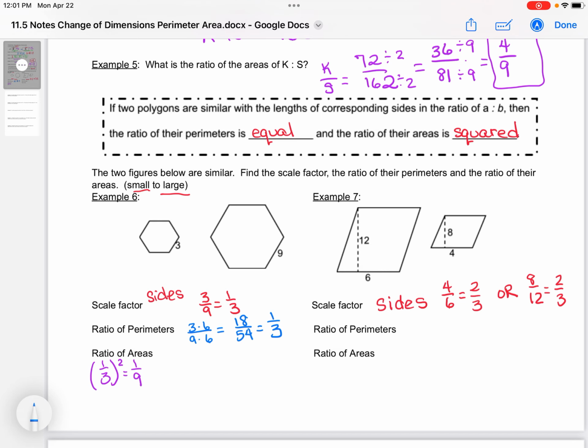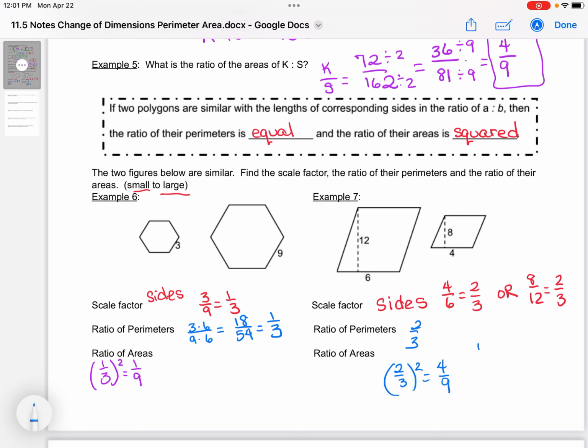Okay, so the ratio of the perimeter is going to be the same. And the ratio of the area is going to be 4 over 9, so same as the one we did above. So we can't find the areas of these.